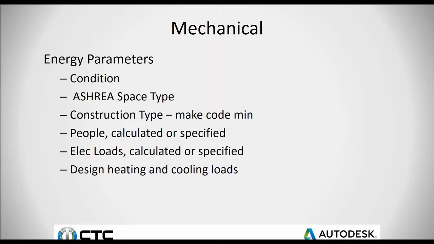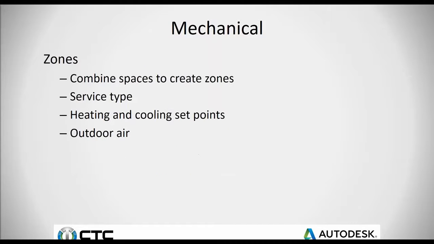For people, we can use either a calculation based off of that space type, or we can specify the number of people that are going to be within the space. We have our electrical loads, same thing, design, heating and cooling loads. We'll get into that in a little while.